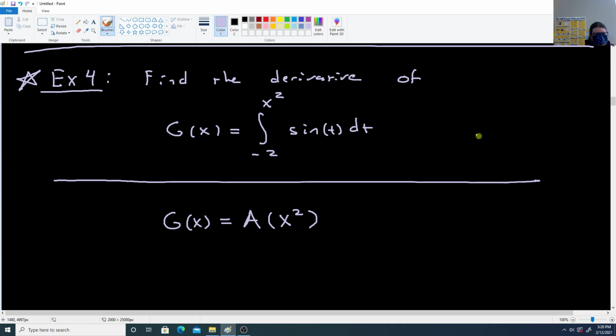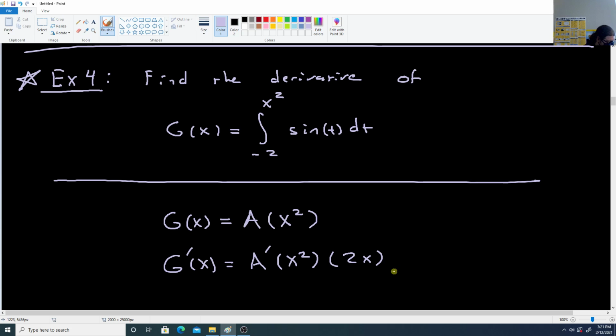Basically, your regular area function would be the integral from negative 2 up to x of sine of t dt, and then we let the x squared replace the x. So they want us to find the derivative of g, so they want us to find g prime of x. The chain rule is going to apply here. This will be A prime of x squared. Then we have to multiply it by the inner derivative, which is 2x.